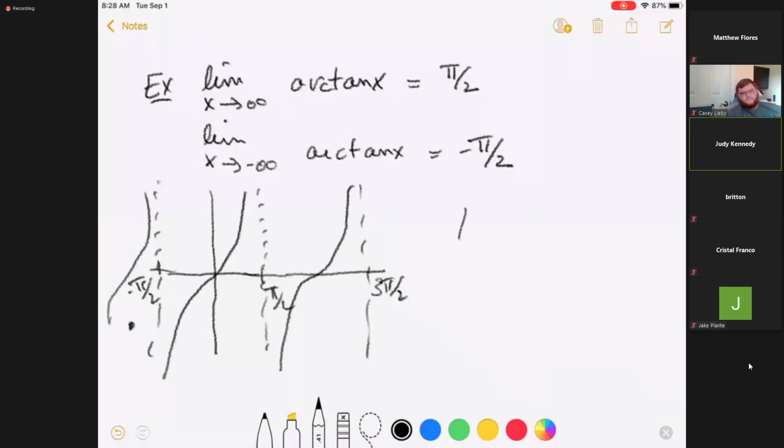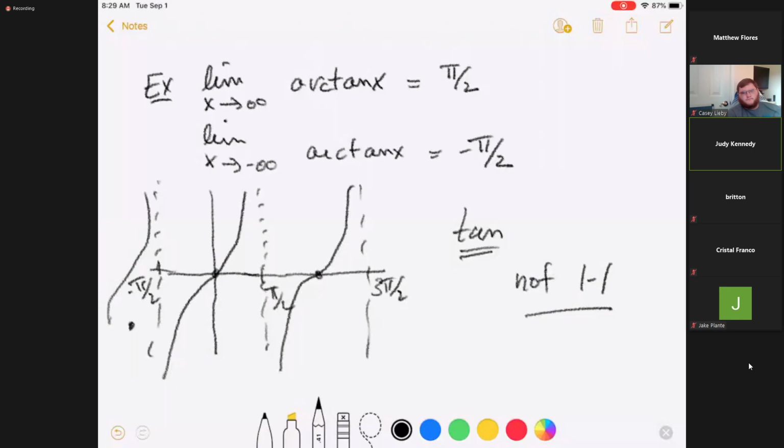Now, that's a graph of the tangent, but that's not one-to-one, right? Many x's will give you the same y value. For example, tangent of 0 is 0, tangent of pi is 0, tangent of 2 pi is 0, and it goes on forever. This is not one-to-one, so it doesn't actually have an inverse.